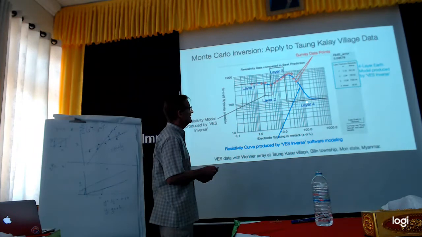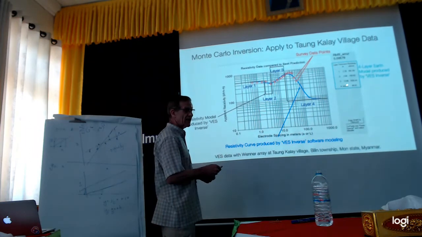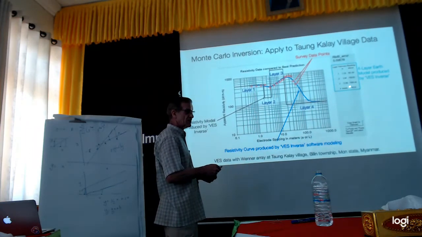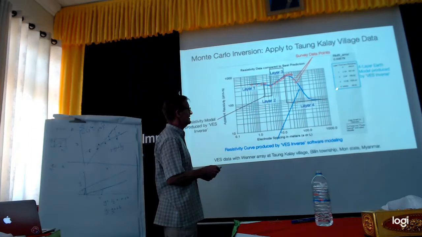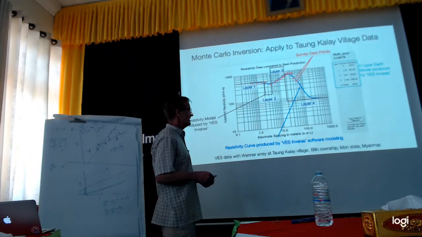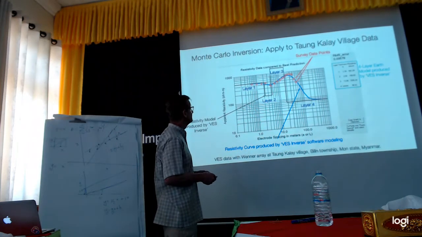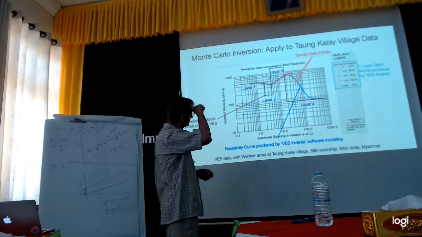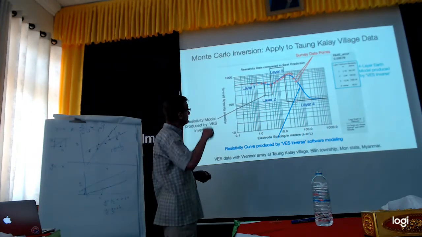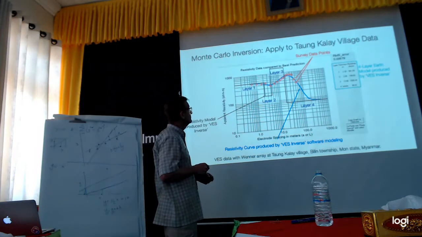So it's got 3 layers, each with its own thickness and resistivity, and then there's a resistivity of the bottom layer.